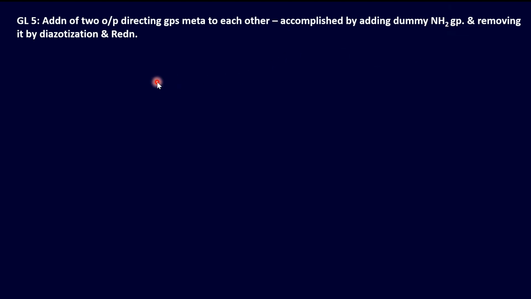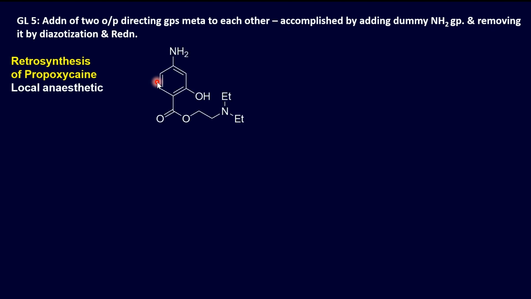later on by reduction. For example, I can explain this by taking the retrosynthesis of proparacaine, a local anesthetic. This is the structure of proparacaine. Here, I'll break the side chain. This side chain I can add to this parent molecule. CO bond breakage has occurred.